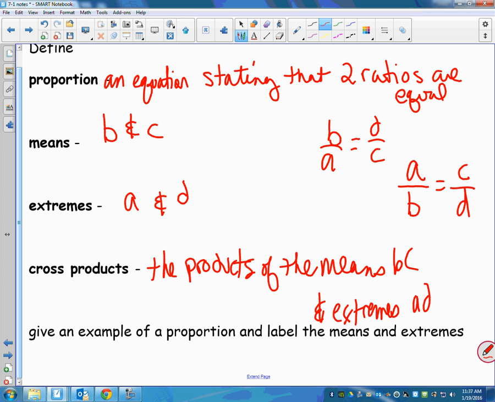And if I solve that, would I get the same equation? Yes? How else could we write that? Could we write, even weirder, B over D equals C over A? No.